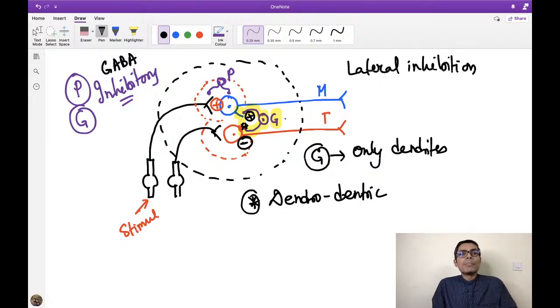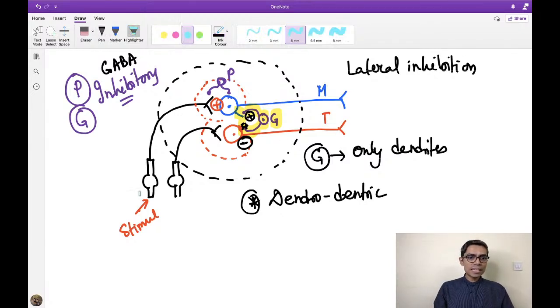What is the importance of this lateral inhibition? So where is your stimulus? Your stimulus is going through this neuron only. The brain has to perceive what the particular type of stimulus is, depending on the identification of this type of neuron. So this neuron is stimulated, but the other neuron is not stimulated.